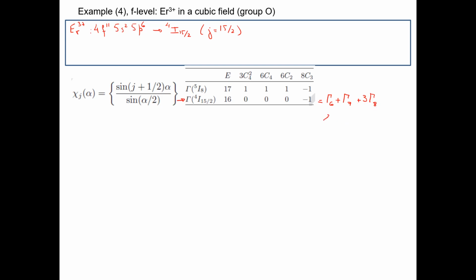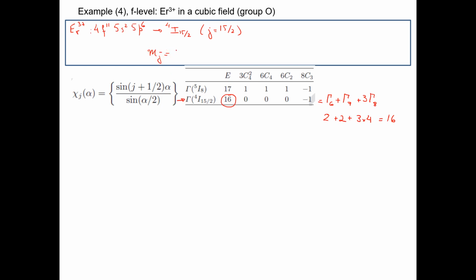This is a doubly degenerate state, this is also a doubly degenerate state, and this is 3 times the fourfold gamma 8 level, giving me a total of 16 levels, which corresponds to the possible values of mj.